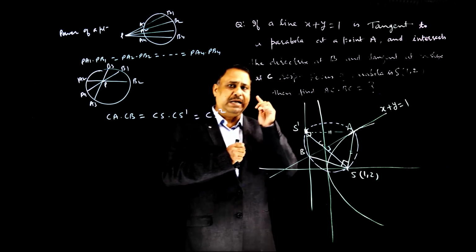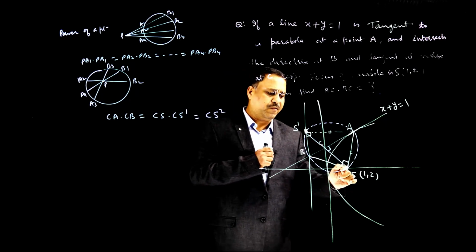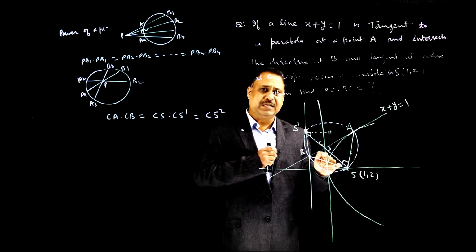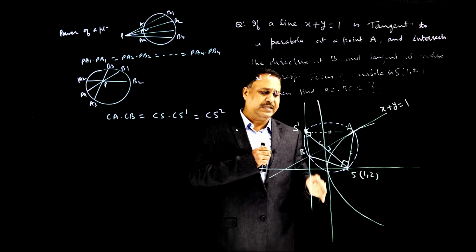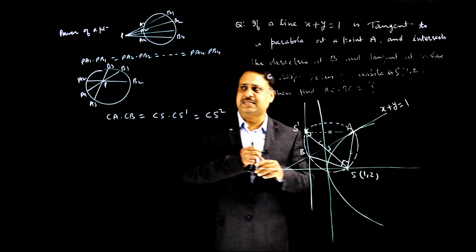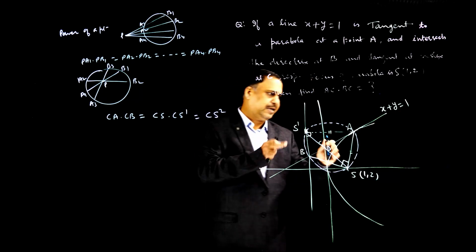That means if on any tangent I drop a perpendicular from the focus, it will meet at the intersection of the tangent and the tangent at vertex.